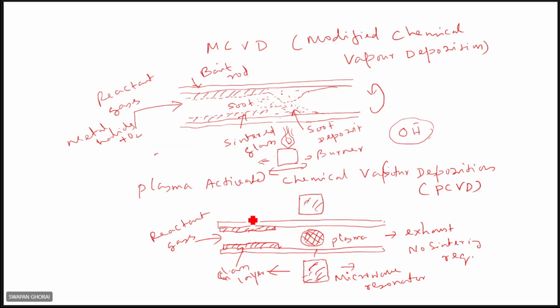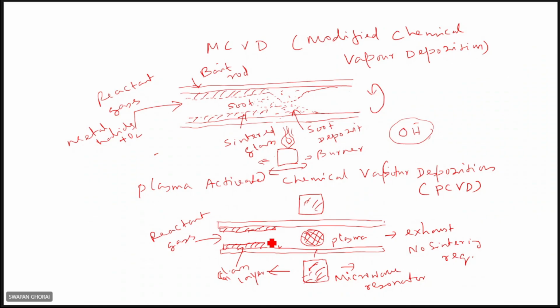Another inside deposition process is plasma activated chemical vapor deposition. In this case, a chemical reaction takes place with the help of plasma. To create plasma, a microwave resonator is used. There is also a hollow tube, heated at a temperature in the range of 1200 degrees centigrade.